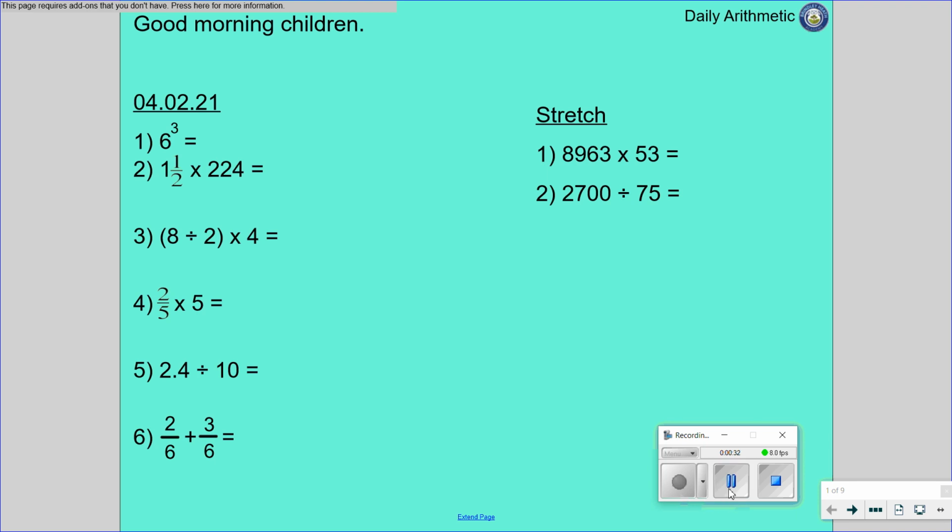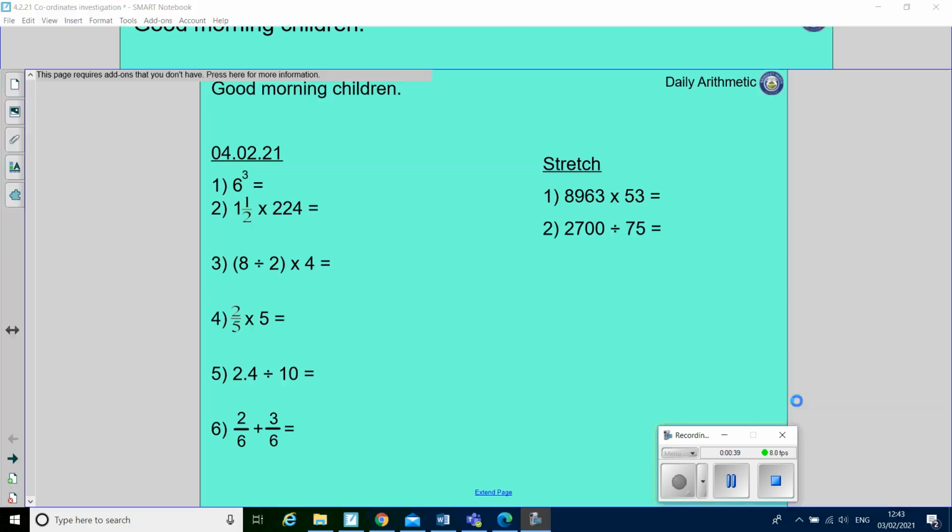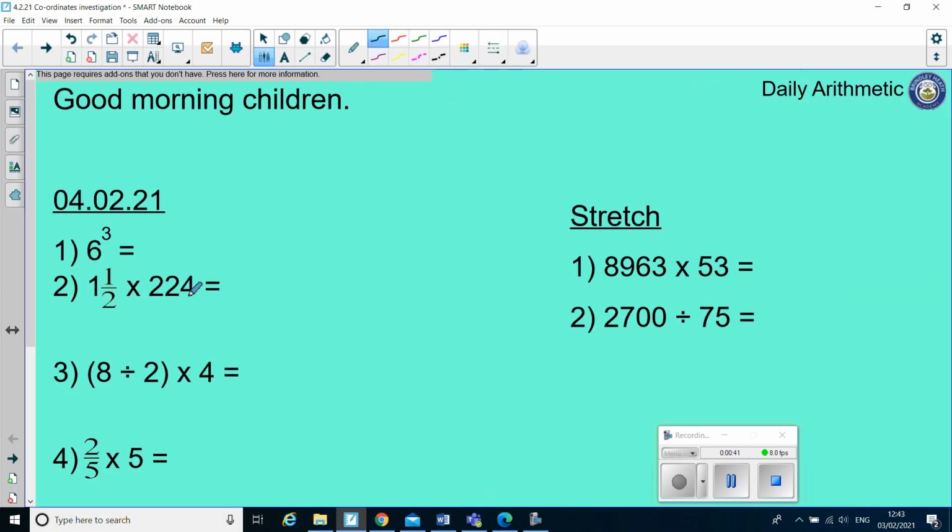Okay then. Question 1, it is 6 cubed, so I need to grab my pen tool so I can write there. 6 cubed means 6 times 6 times 6.